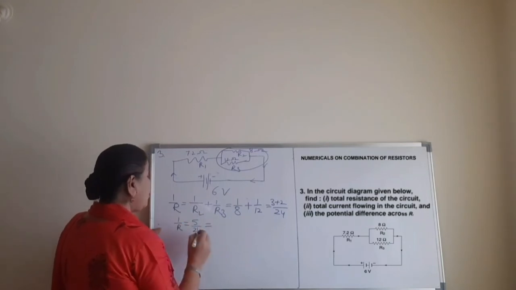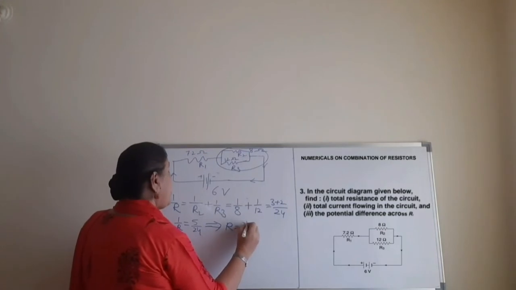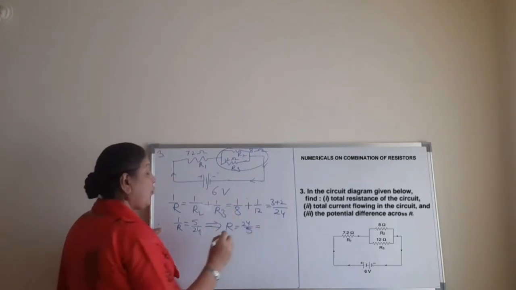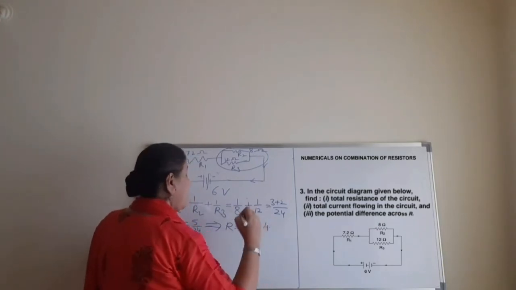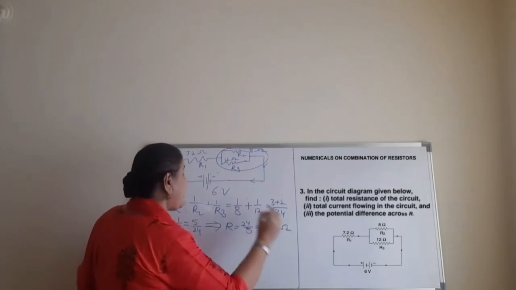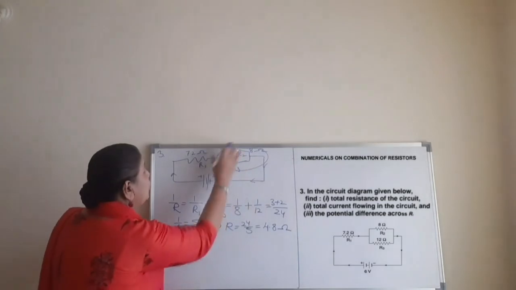That implies R is equal to 24 by 5, which is 4.8 ohm. That is the resistance of these two parallel resistances.